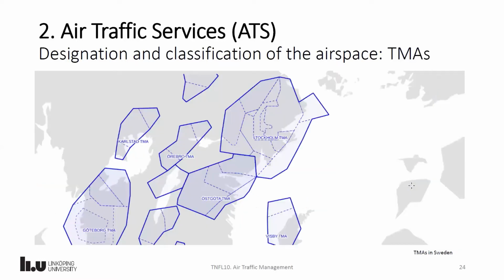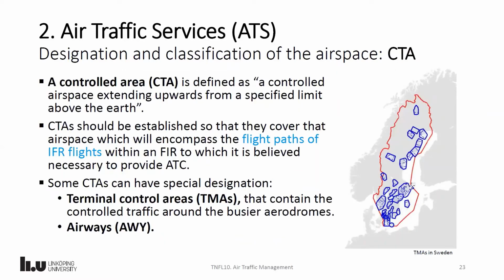And we have the bigger CTAs, which are areas that are not on the ground, but a little higher. So basically, VFR flights can fly under CTAs without the need to be controlled. That's why they are not from the ground up, but they have a little altitude. So VFR flights can fly freely.